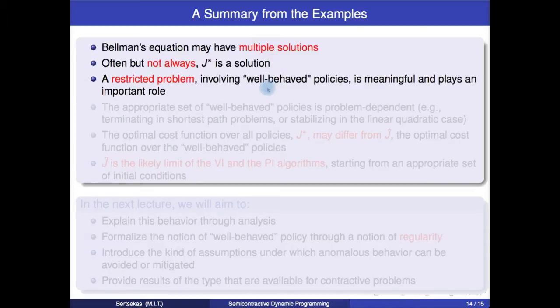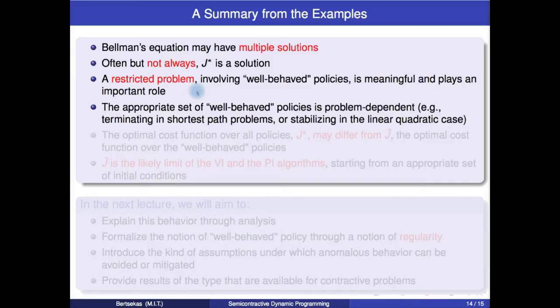We saw a restricted optimization problem involving optimization over the well-behaved policies, and we saw that such a problem is often meaningful and plays an important role in the analysis. For example, its optimal cost function, J hat, is typically a solution of Bellman's equation. The choice of well-behaved policies in a given situation depends on the problem.